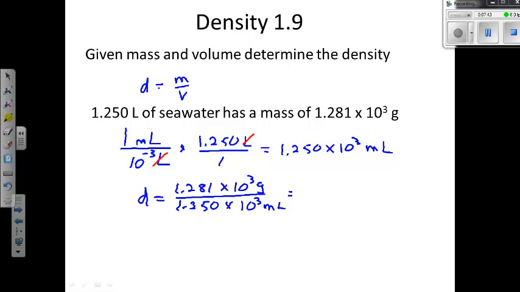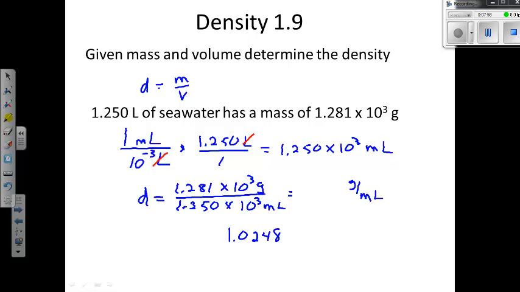And I do the division, I get 1.248 grams per milliliter. That's the number I get in the calculator.